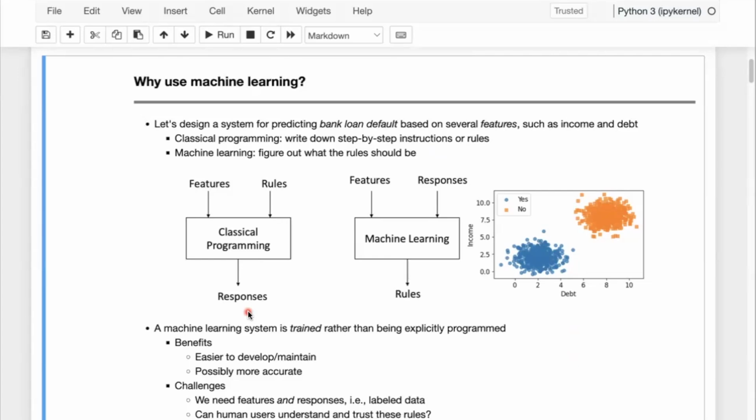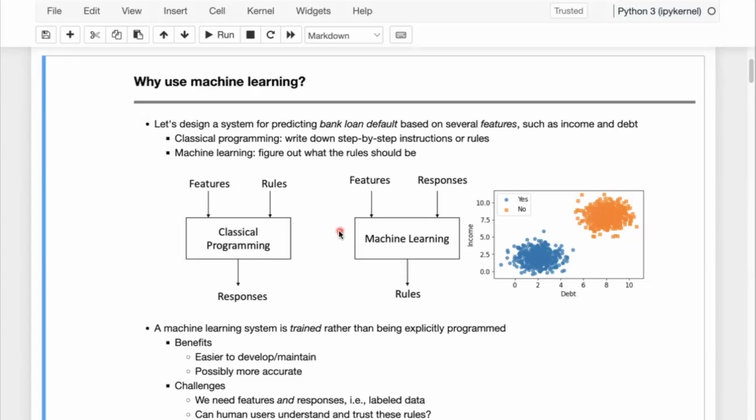On the other hand, a machine learning approach is different in the sense that we do not want to explicitly write down instructions or rules. Instead, we take a data-driven approach. What this means is that we're going to look at some historical data, meaning past borrowers with their information about income and debt, and whether they defaulted or not.